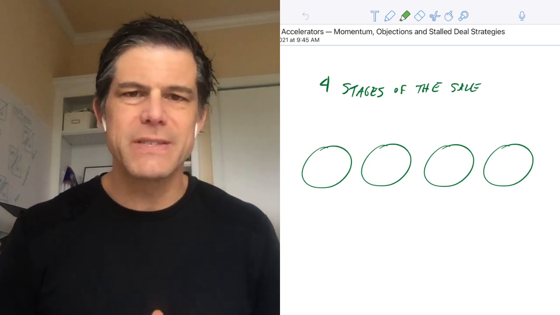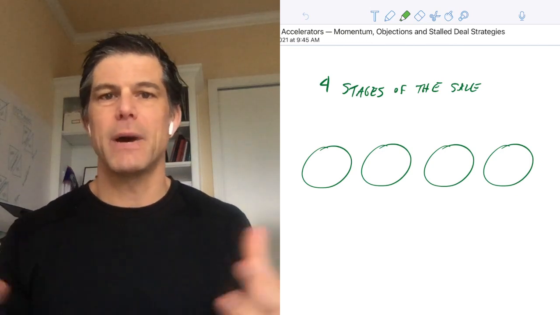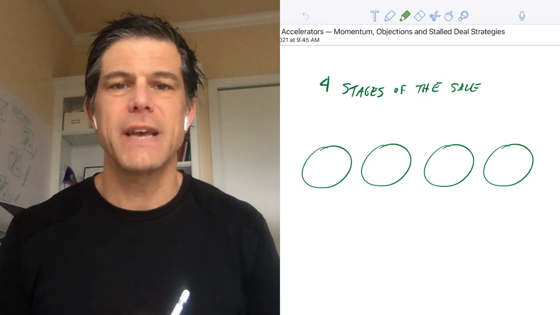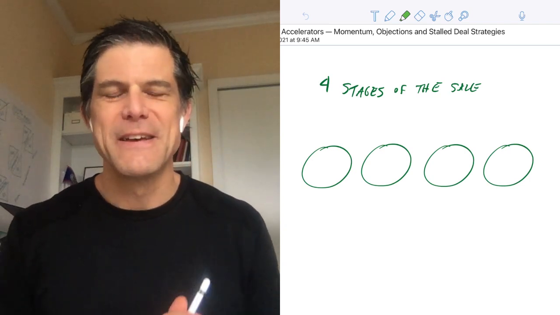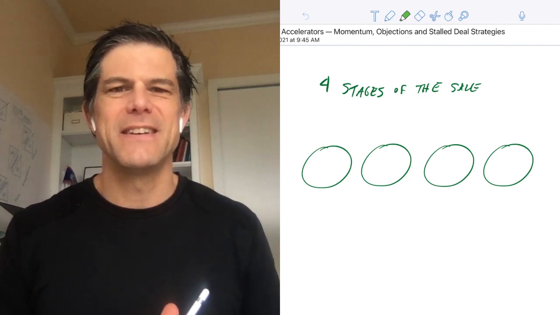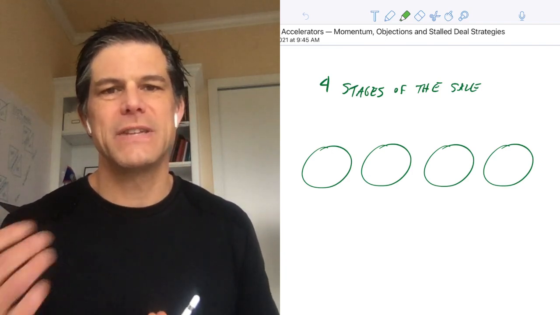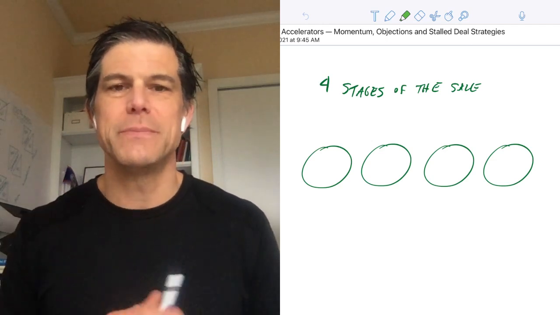Most CRMs that I see, or most CRMs that you might buy out of the box, already have pre-built stages of the sale. The mistake that most companies make is that the way they have those CRMs set up, the way they have the sales stages set up for their tracking, is actually the opposite of what it should be.